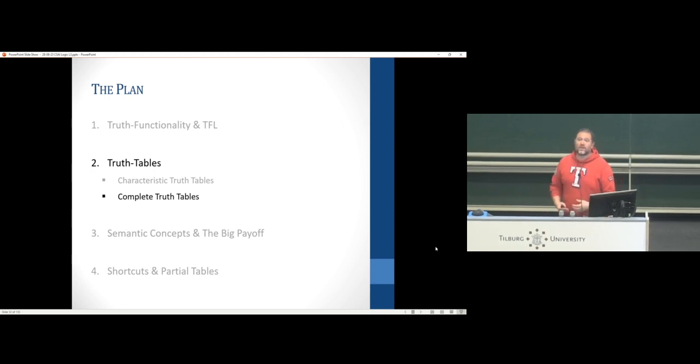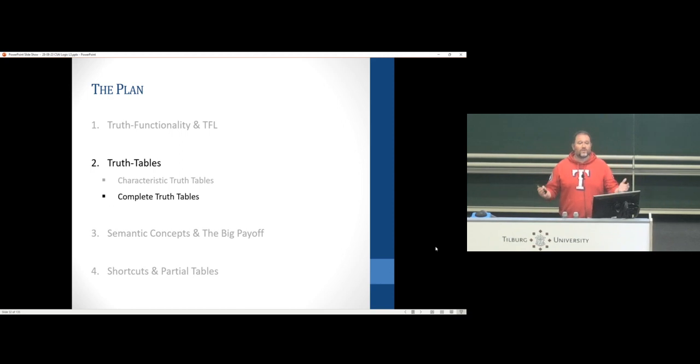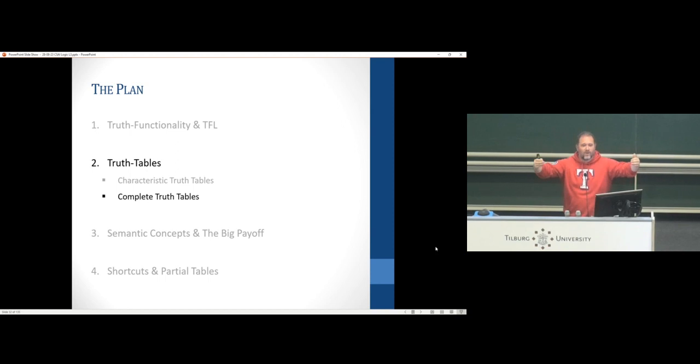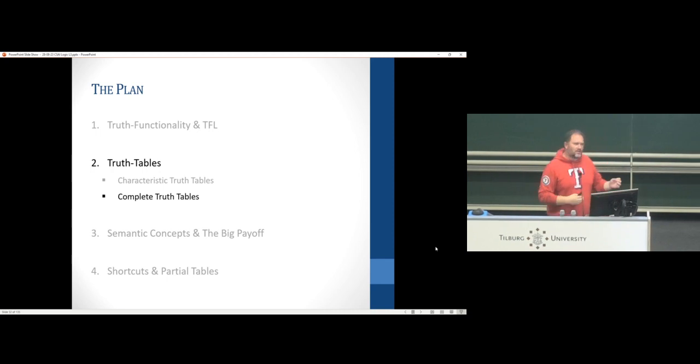Complete truth tables can be for single sentences, they can be for multiple sentences, they can be for an entire argument. So we're going to start off by talking about a complete table for a single sentence, and then we'll go on to use it to talk about multiple sentences at a time. Okay? But it's worth knowing that's the kind of plan.